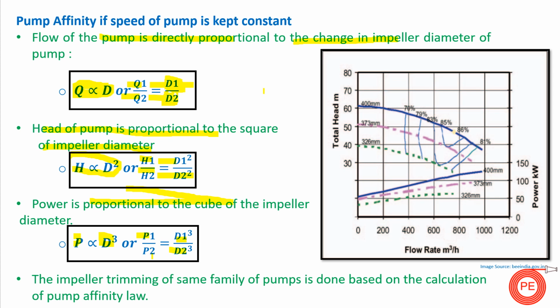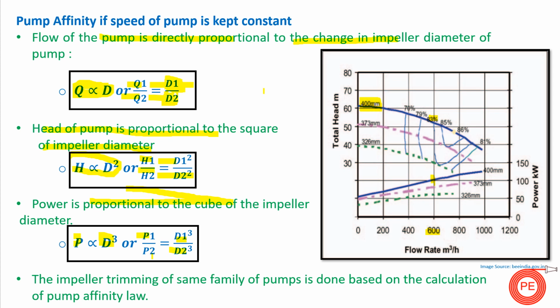So let's see this graph here and try to learn from it. Suppose I have a pump in which the impeller diameter I have selected is 400 mm, and at 400 mm suppose I have selected the 1600 meter cube flow, my pump efficiency is 83% and my power consumption is around 100 kilowatt. Now I just want to change my flow.